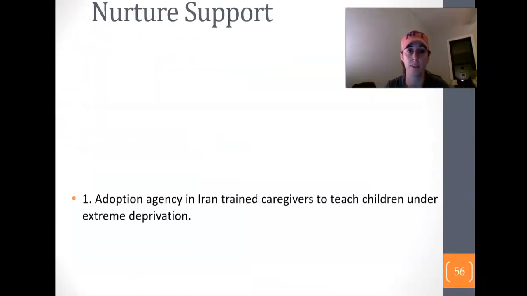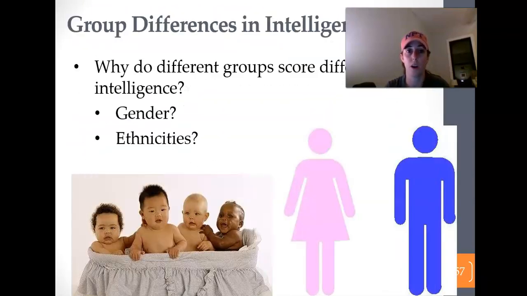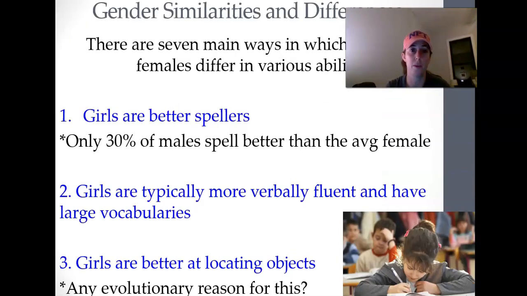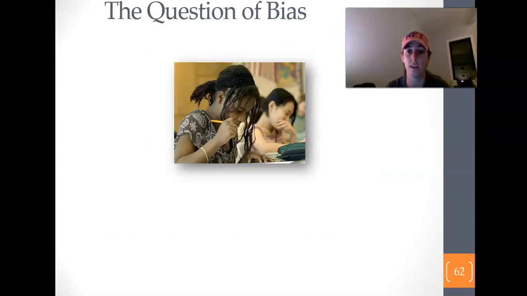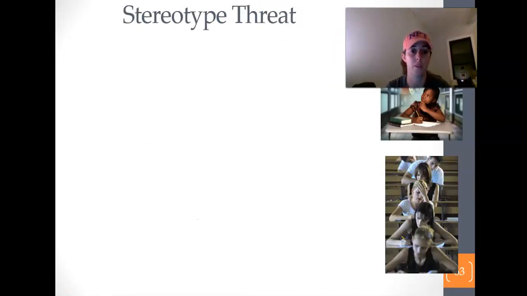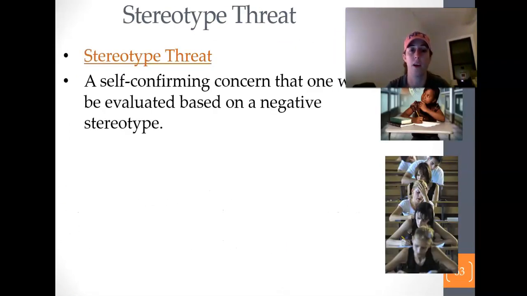Stereotype threat, we've talked about this one a lot too. This is basically where minorities and women are the ones usually affected by this belief that you will be evaluated by a negative stereotype. And a lot of times you unconsciously play into that.